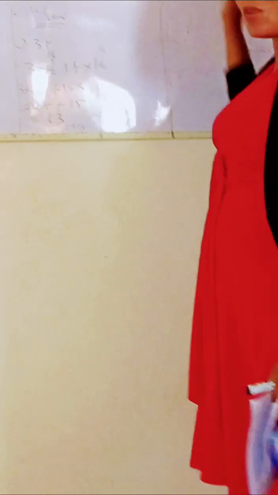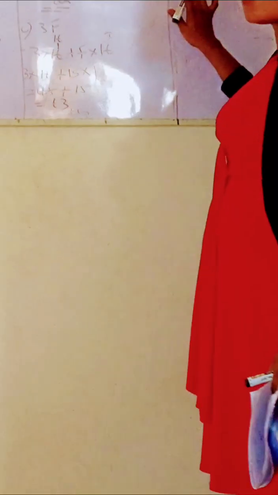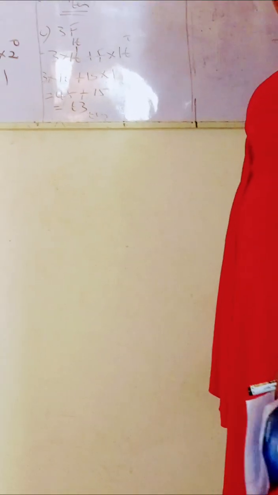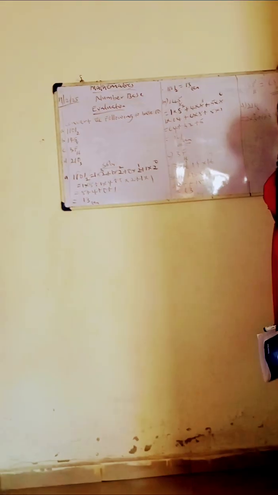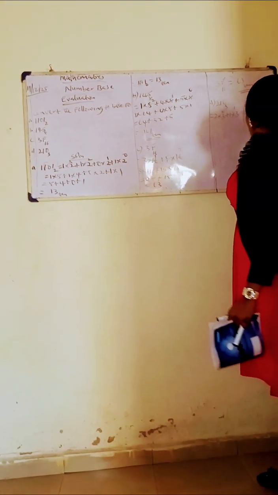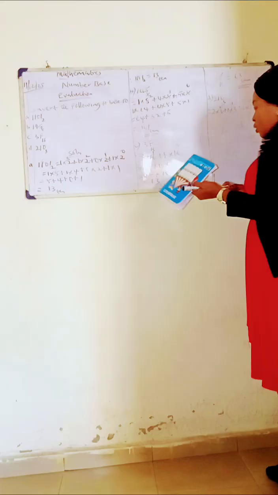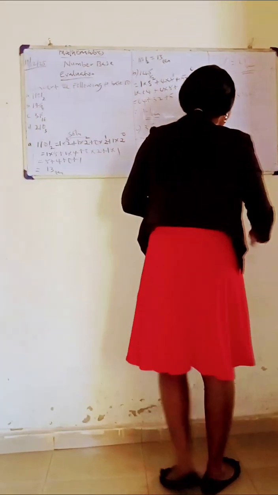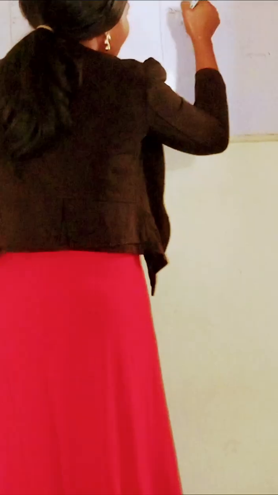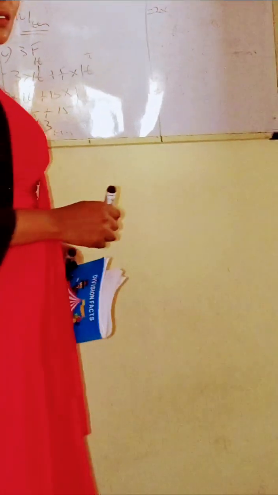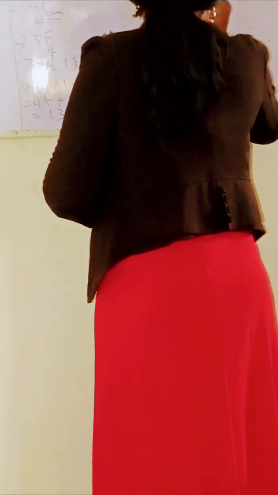Or you use the descending order format. Once you have gotten your first power, know that it moves downward till you get to 0. So the next one is plus 0 times your base 3 raised to power 0. Now we simplify: 2 times 3 raised to power 2 is 3 times 3, which gives us 9.